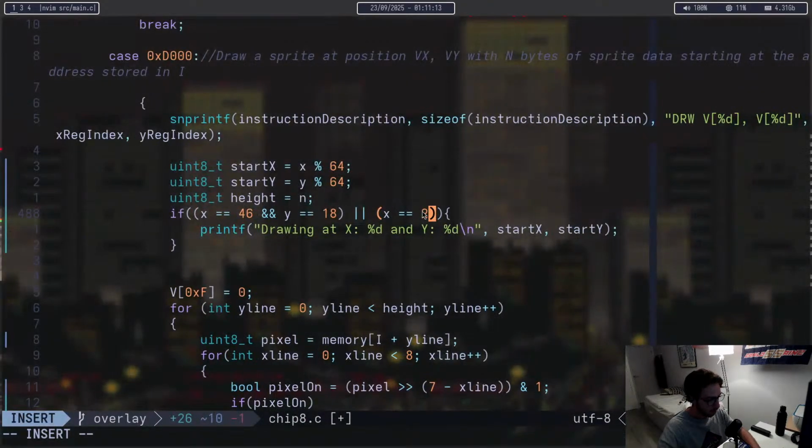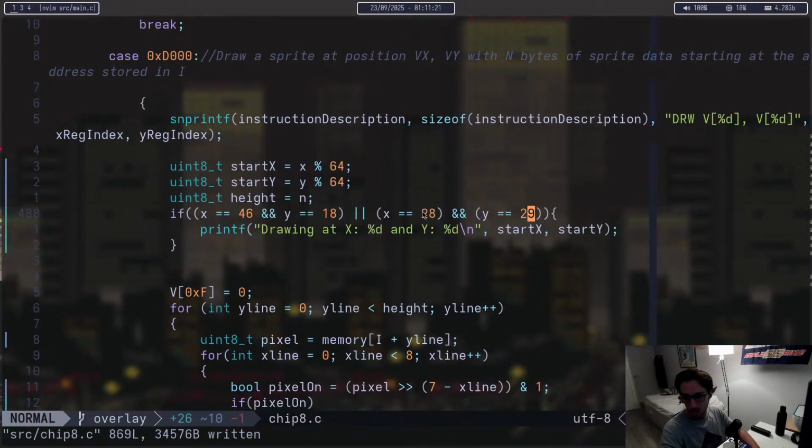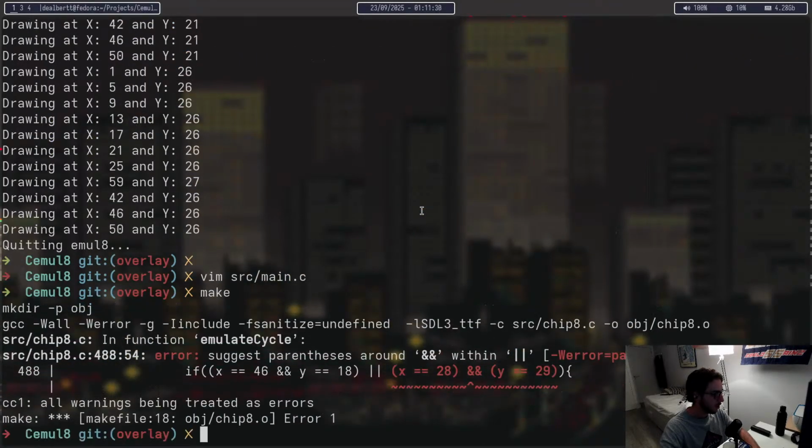So 28, 29. 22 and 34, which should go up to 40. Okay, so let's see if this, with this one, should I spread this around.